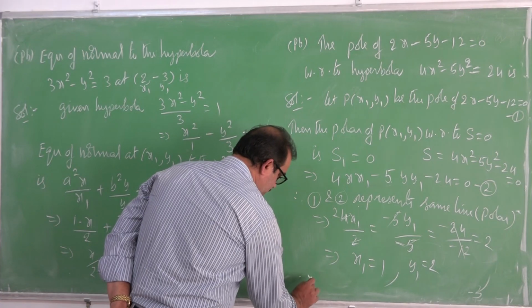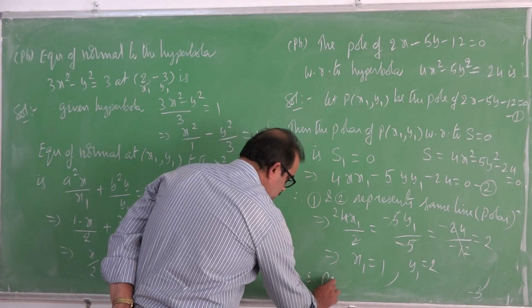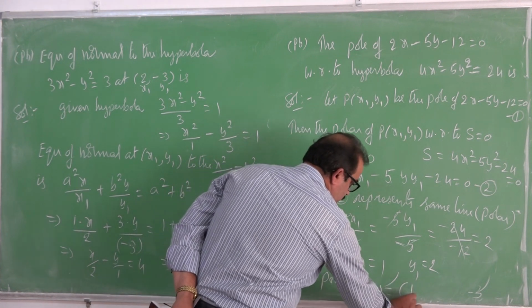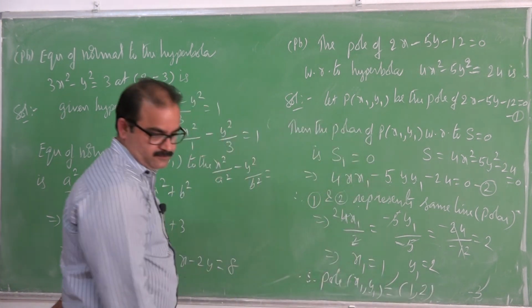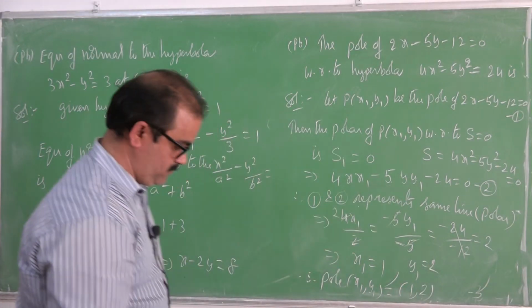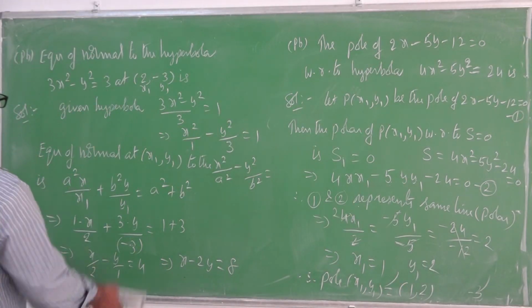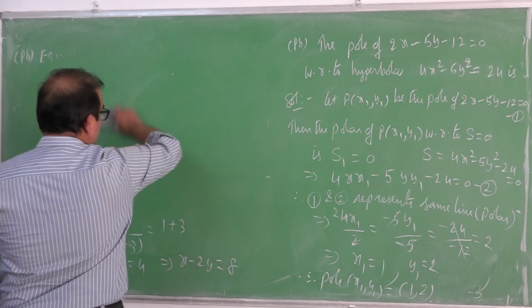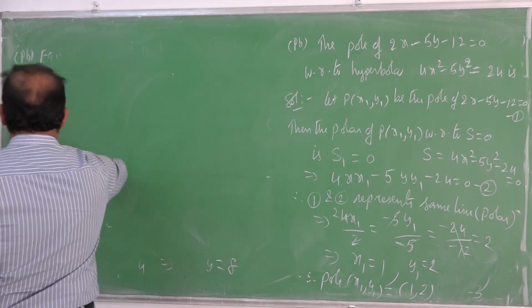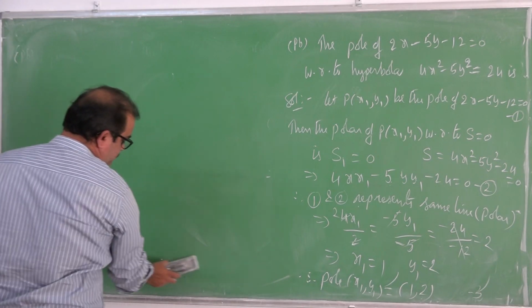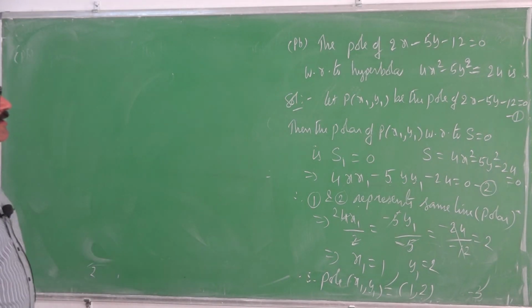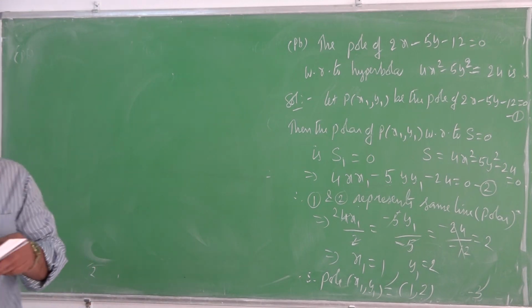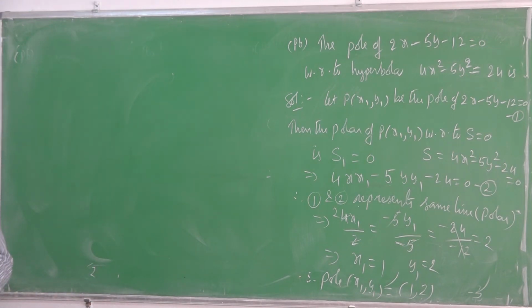Therefore, pole (x1, y1) is equal to (1, 2). In this way, we can find pole of any line with respect to hyperbola. Right.